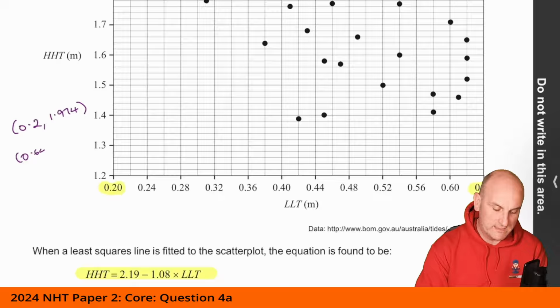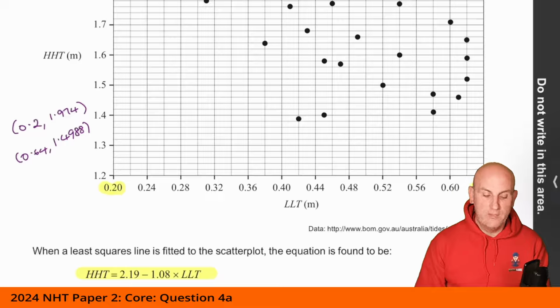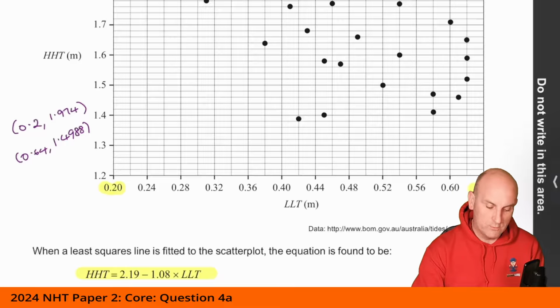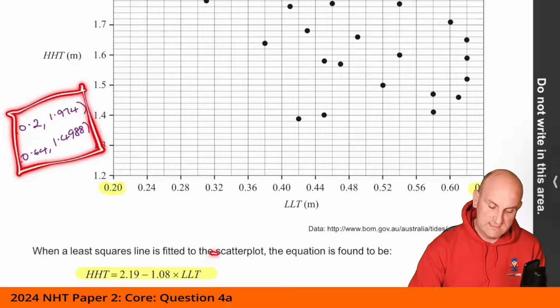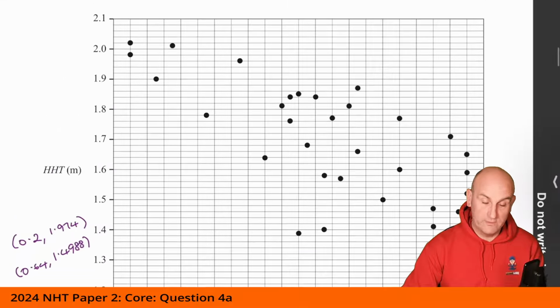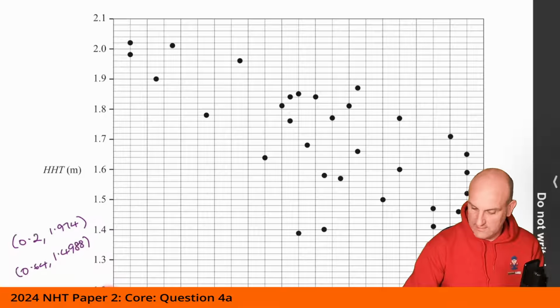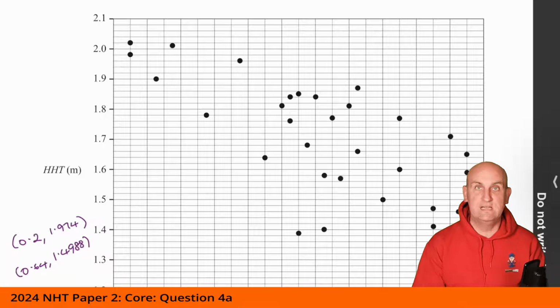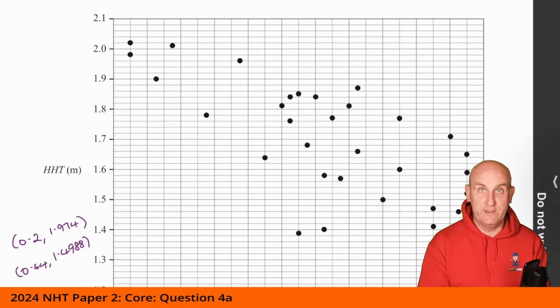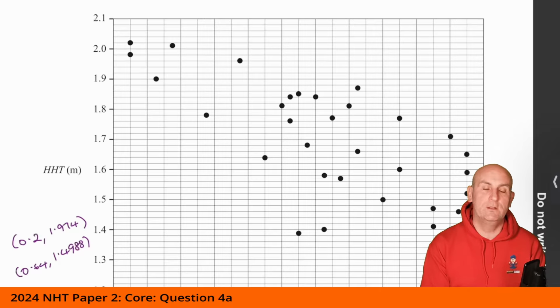And when I put in 0.64, I get 1.4988. Now, those values may be rounded, but that's okay. These are now actual coordinates. These are coordinates that sit on that least squares line, and these are coordinates I can plot on this graph. That's the trick to doing these questions. It is always the lowest value here, the lowest value here, put it into your least squares regression line, plot the points, and then using a ruler, please don't ever freehand this, using a ruler, join them together.